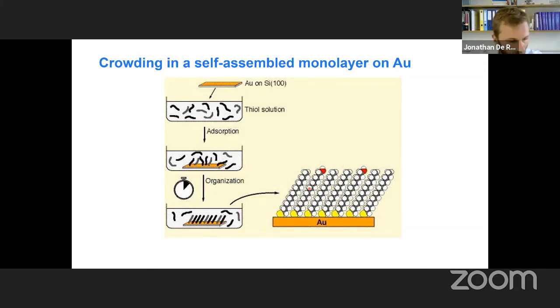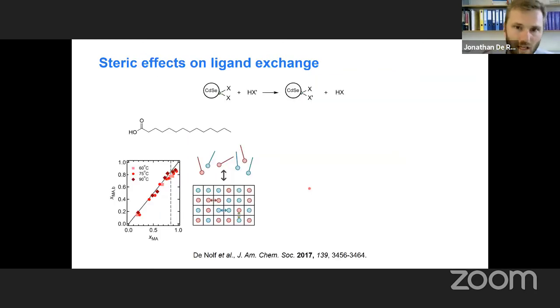And so sterics are a very important topic in nanocrystal surface chemistry. I give here an example of an X-type exchange where they started from, I think it was stearic acid, but I'm not sure. It could also be oleic acid. And then they added a new ligand, hexadecanoic acid.